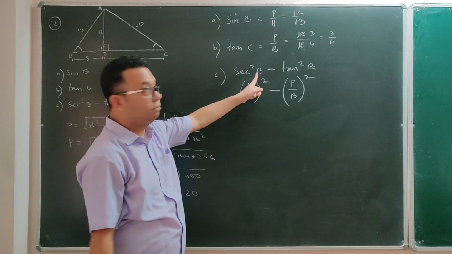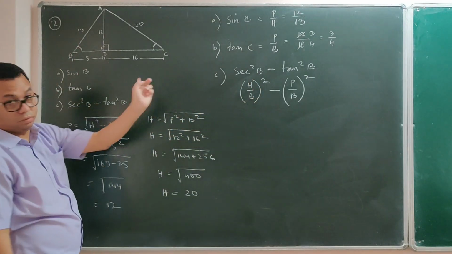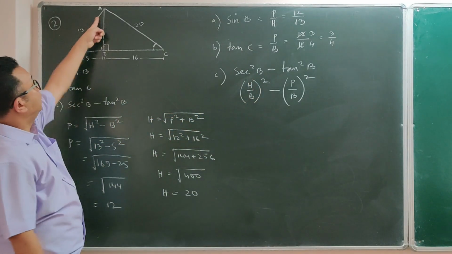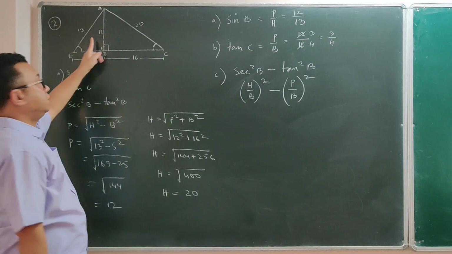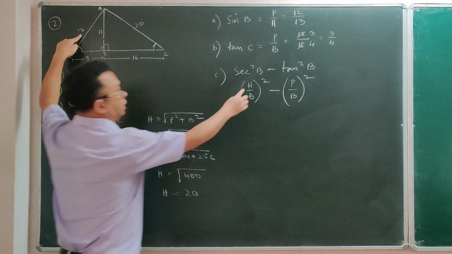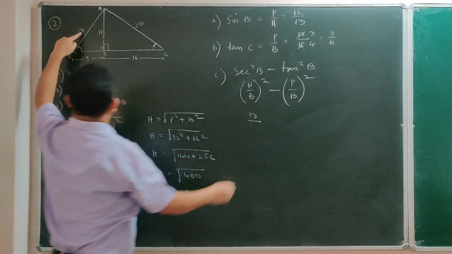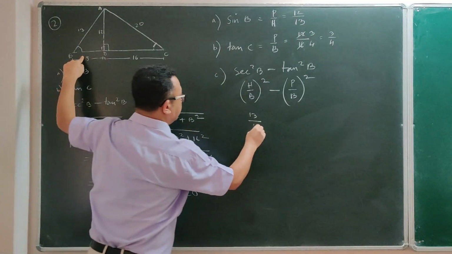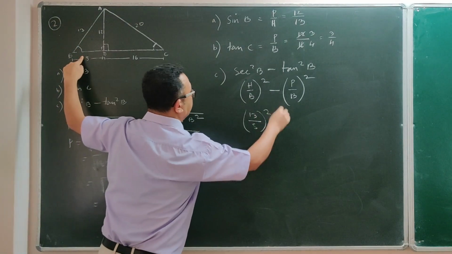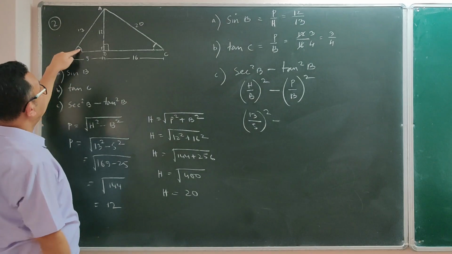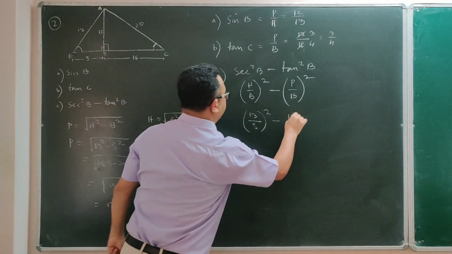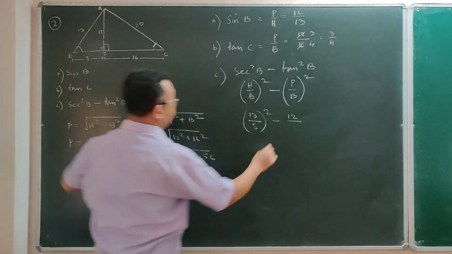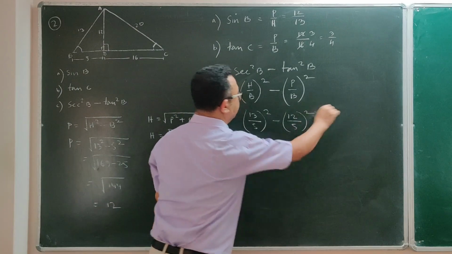Since the angle of reference is B in both, I have to take this triangle. For this triangle, the hypotenuse is 13 and the base is 5, so we'll square this. Minus, again for the same angle, perpendicular is 12 and base is 5. This also is squared.